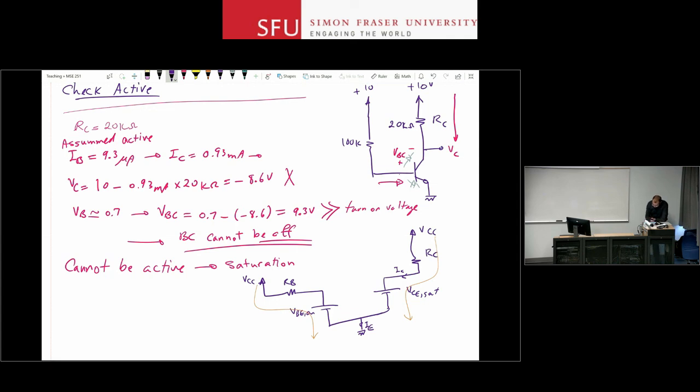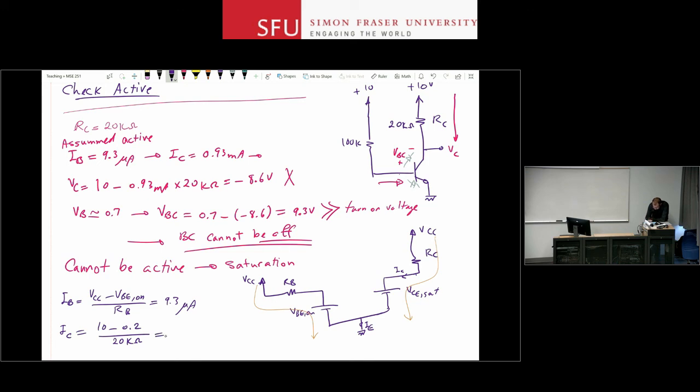Makes my life easier. And therefore, I can quickly figure out that IB is going to be VCC minus VBE on divided by RB, which is what we have calculated before, 9.3 microamps. But IC from the KVL on the right side is going to be 10 minus 0.2, the voltage drop across the collector, divided by the resistance in the collector, which was 20 kilo ohms.